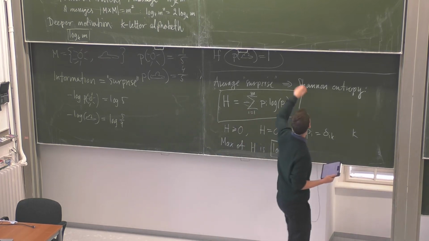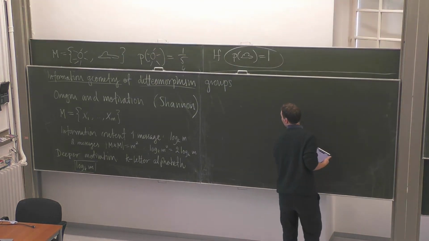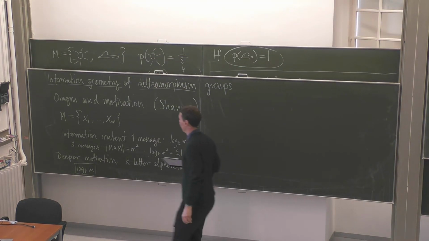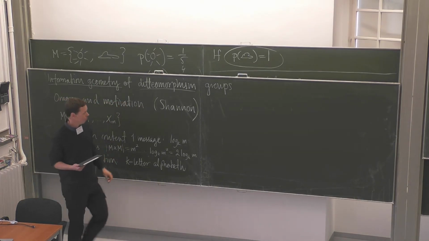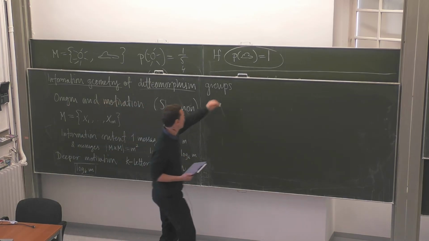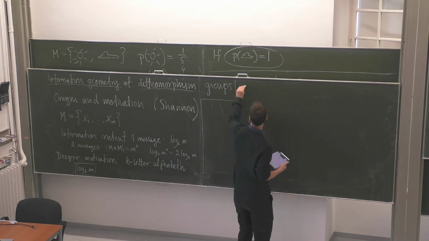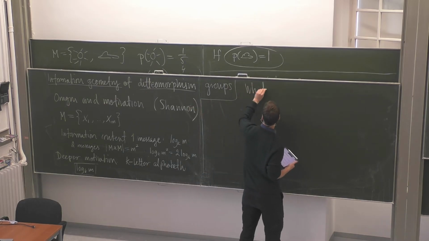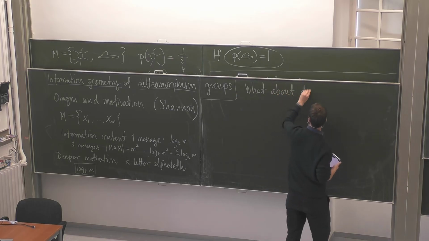But we should now ask ourselves, okay, so far I haven't said anything about geometry. I talked about information theory. But what about these diffeomorphisms? How do they come into this picture?